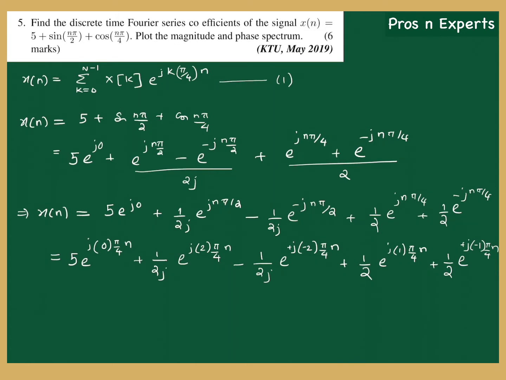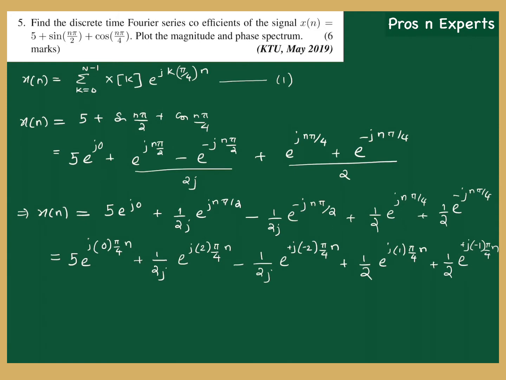Similar to that, in this equation there is a signal term and the coefficient of that signal will be x of k. Here is also a signal term, the coefficient will be x of k. Here it is a signal term, coefficient is minus 1 by 2j, x of k, and like that. So we have found out what x of k is.